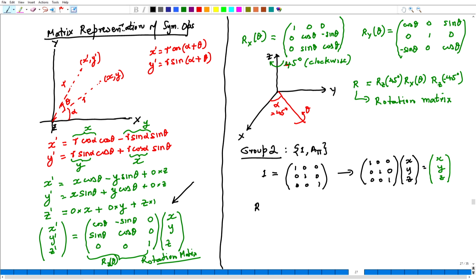I will write it as Rz pi and insert the value of pi into the sin theta cos theta terms, and clearly one would get minus 1 0 0, 0 minus 1 0, 0 0 1.